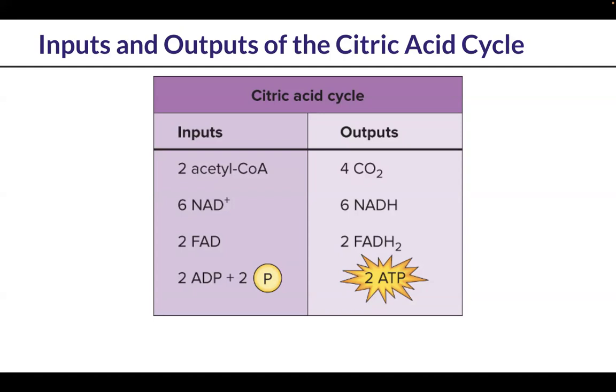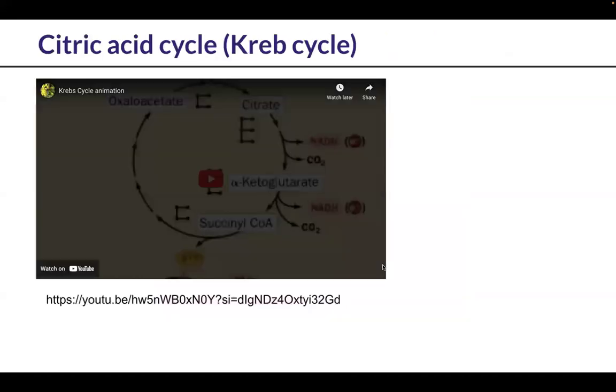So we end up with 4 carbon dioxide. We're going to end up reducing 6 NAD plus, and we end up with 6 NADH because of that, and then 2 FAD, which will end up as 2 FADH2. And then we also make some ATP.